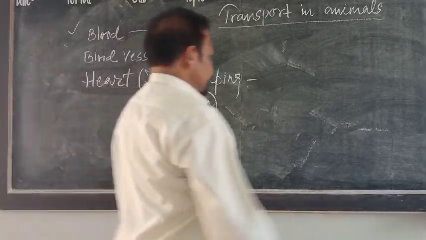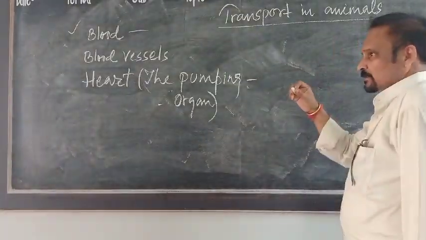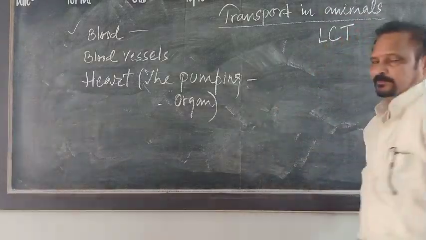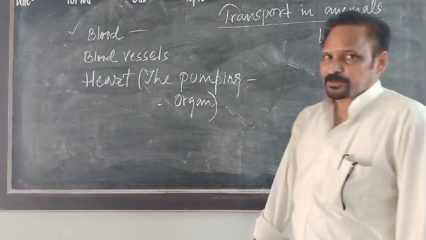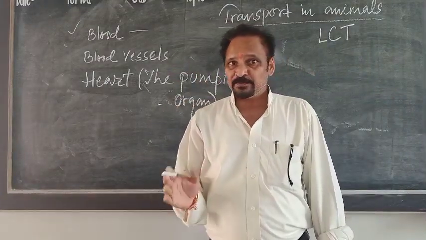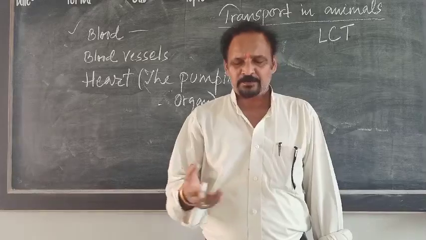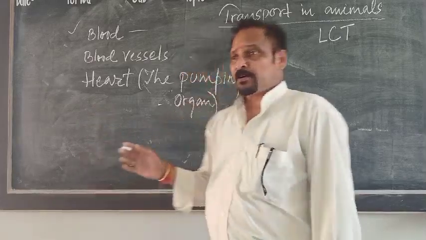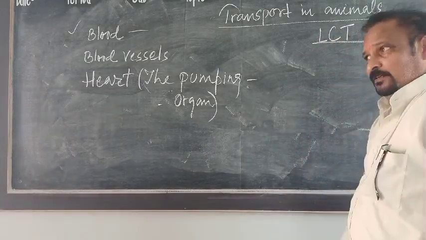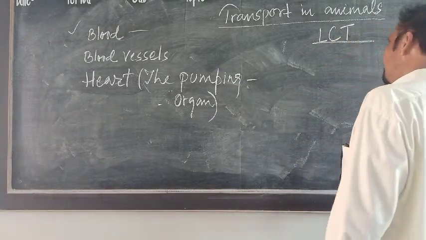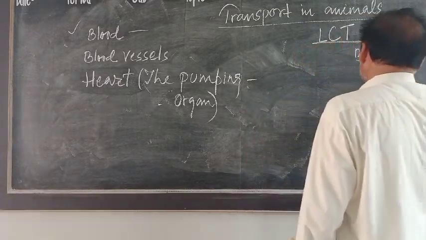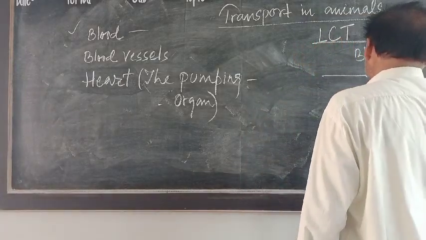Blood. Students, blood is known as liquid connective tissue. In human beings, two types of liquid connective tissues are present: lymph and blood. Now at present we are studying about blood. For our convenience in study, we can divide complete blood into two parts.